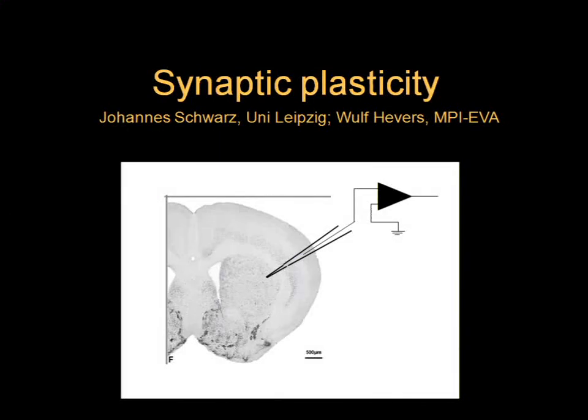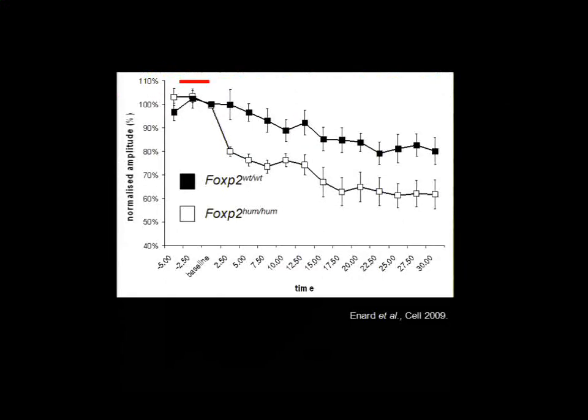You can look at sort of electric activity of the neurons, something called synaptic plasticity, in this case long-term depression, where you give a high-frequency stimulation of the neurons, and you see how they become less excitable in the wild-type animals, and even more so in the humanized mice, which is a model for learning and memory.